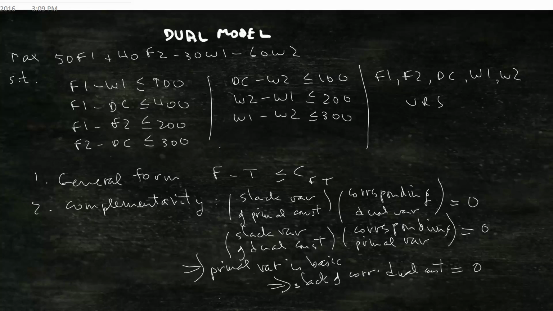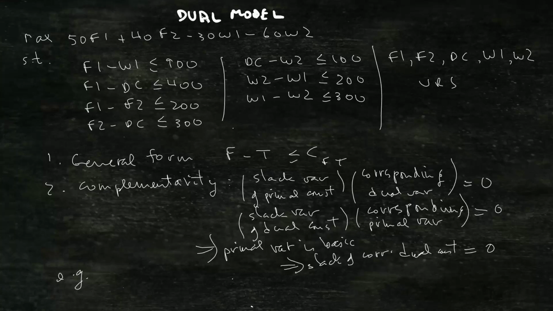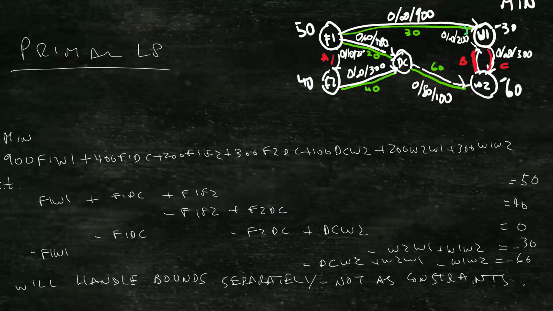So what that means is that if a primal variable is basic, let's take an example here. Let's go back to our diagram, and we have that F1 W1 is basic.